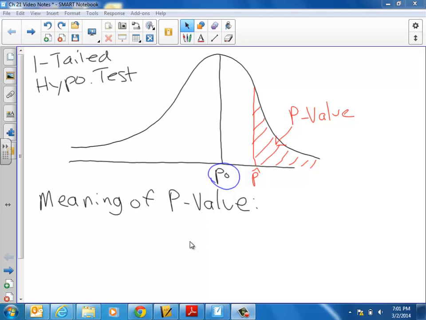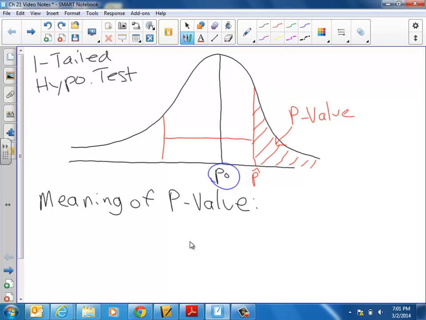So you would expect to see p hats often in this range here. Those sorts of p hats would occur frequently because the height of the bell curve is greatest in that range. We would be less likely to see p hats, sample proportion values, in here. That's the meaning of the bell curve.